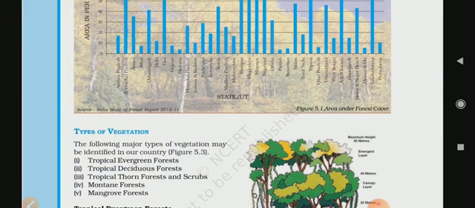From here the chain starts. This is the meaning of ecosystem, this entire system based on plants, which is called vegetation. Human beings are also part of this system, but people use these resources for their own uses.